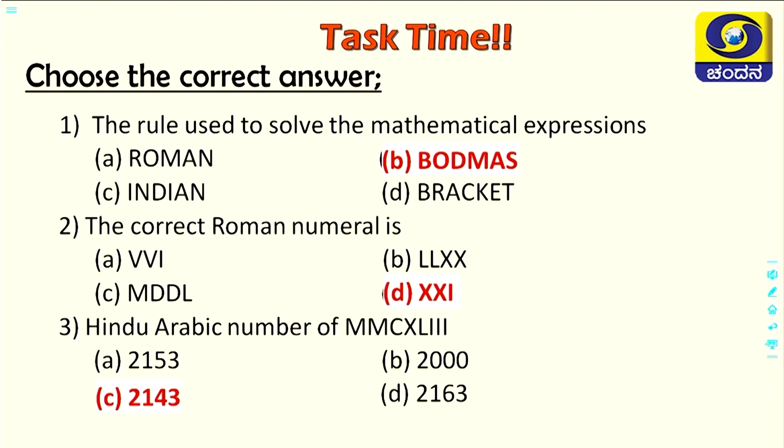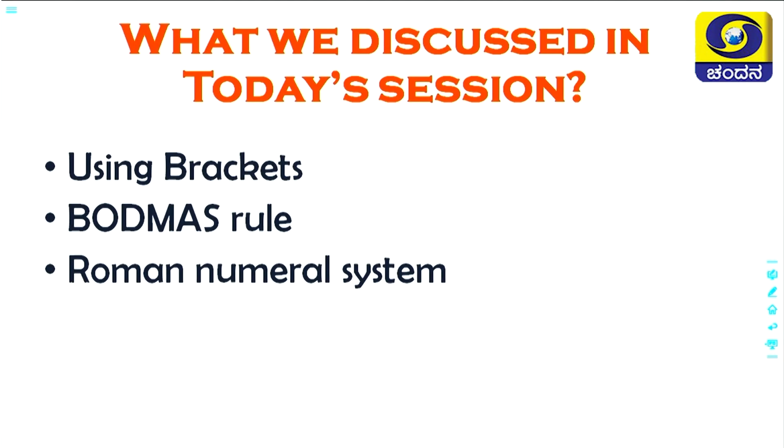For MM, we write 2000. For C, we write 100. For XL, it is 40. III shows 3. That is why the correct answer is 2143.